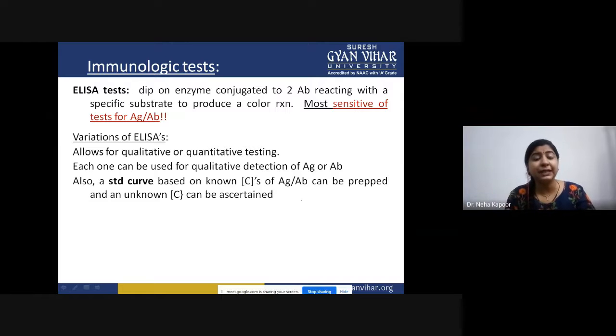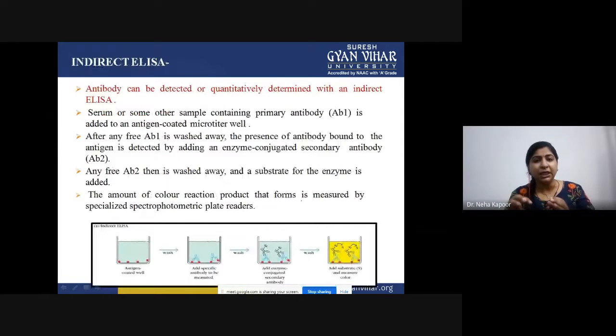We can then infer the concentration depending upon that standard curve. So the standard curve is always plotted based upon the known concentration of either antigen or antibody, and we can determine the unknown concentration. There are three types: indirect, sandwich, and competitive. We'll be discussing each of these methods one by one.